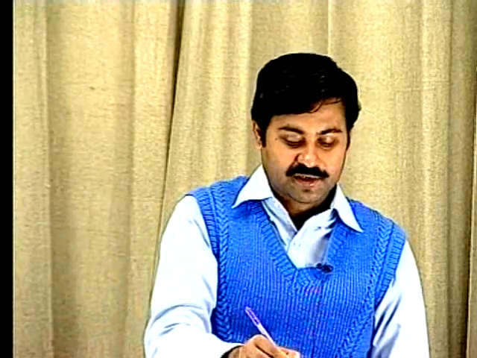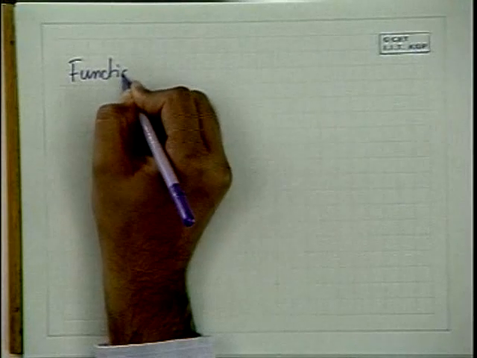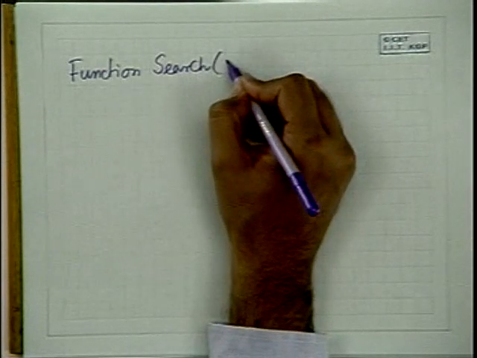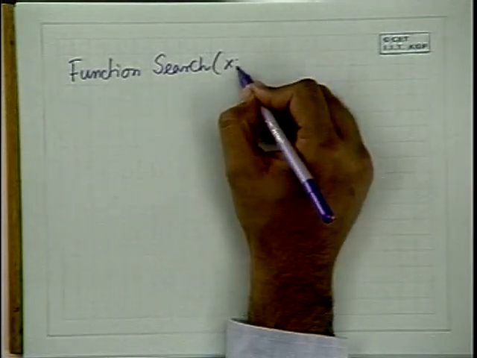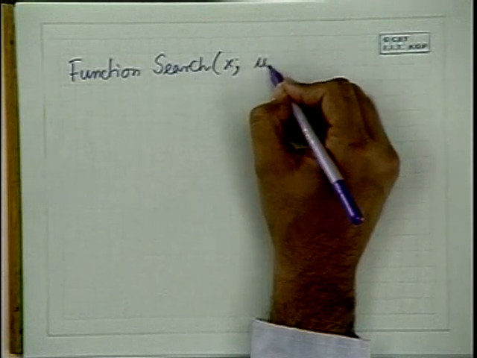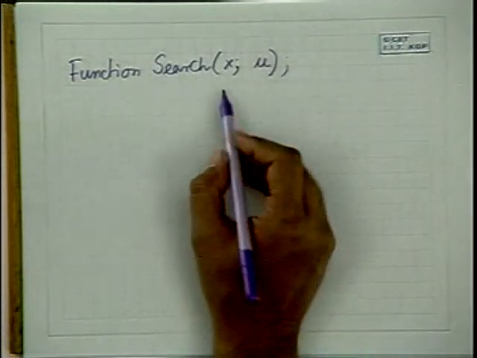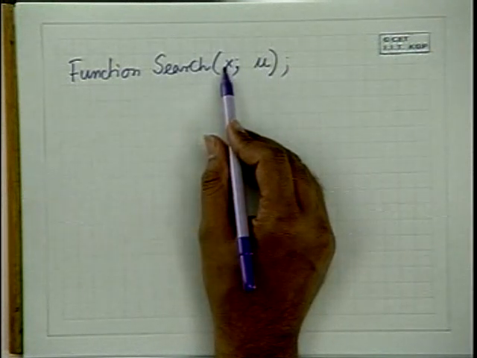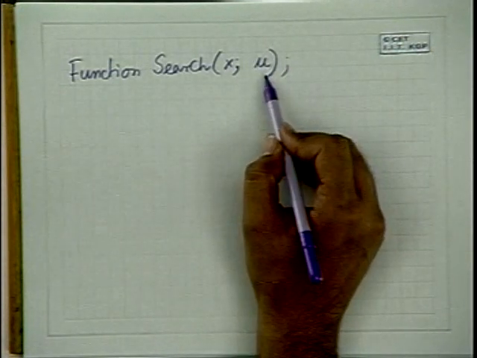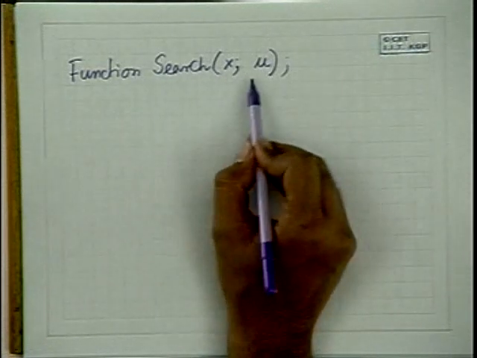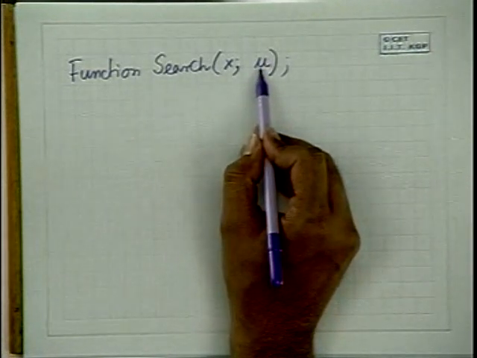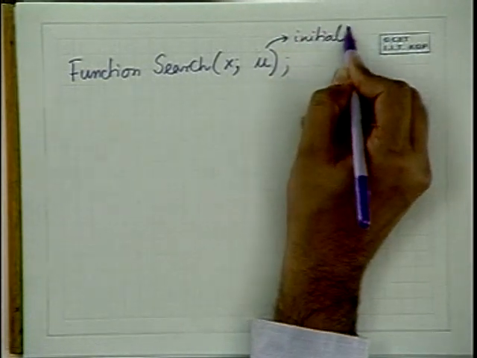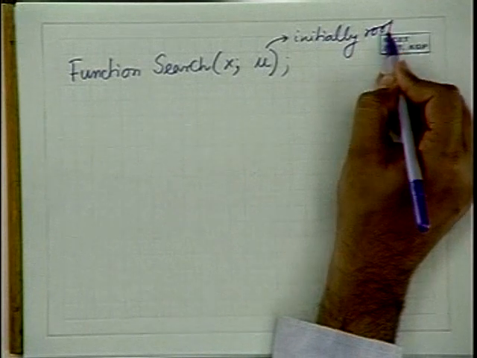So function search: I'm going to search for the value x in the tree. Since this will be a recursive call, I have to supply a pointer to a node. Initially it will be root.